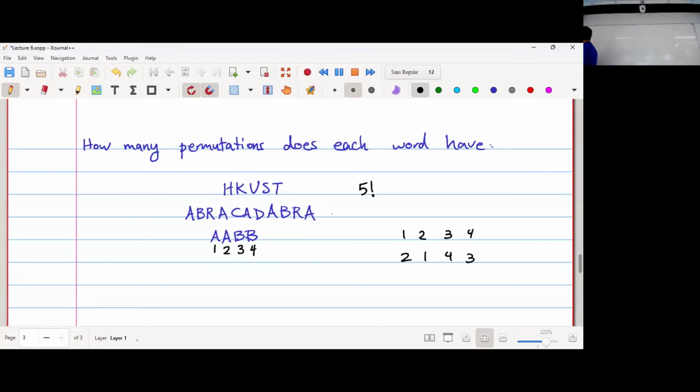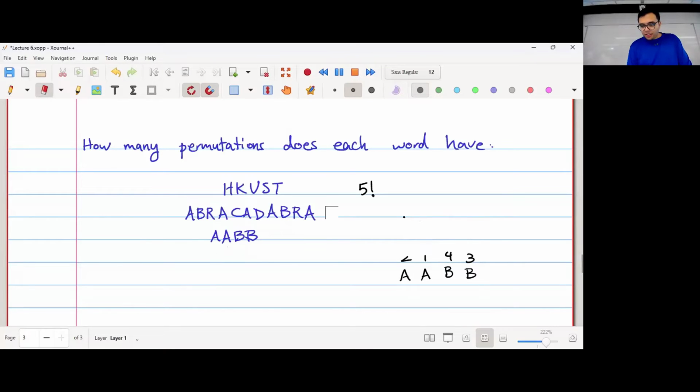So when I'm counting 4 factorial, I'm counting these 2 permutations as different permutations. But if I go back to my letters, my letter 1 was A, my letter 2 was A, 3 was B, and 4 was B. 2 was A, 1 was A, 4 was B, and 3 was B. And I see that I actually have the same word. So I cannot say that I have 4 factorial different permutations here, because I'm counting some permutations more than once. So that's a problem.